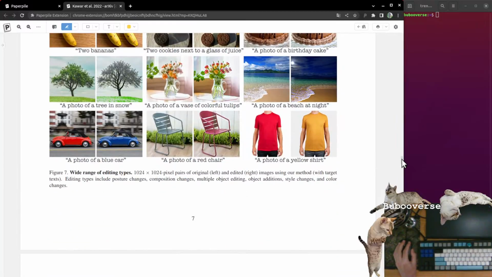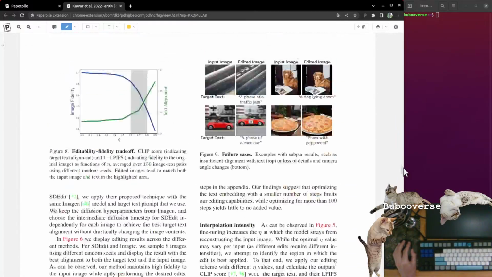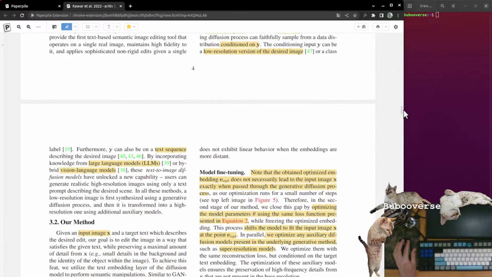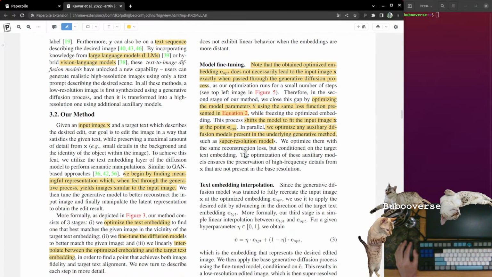I wish they had better diagrams. Seems like there's a bunch of models they don't even talk about. Right, high frequency details. So that's kind of what you want with the super resolution, is in order to get those pretty images, if you don't want it to just look like fuzzy, you use additional models that will make the image crisper.